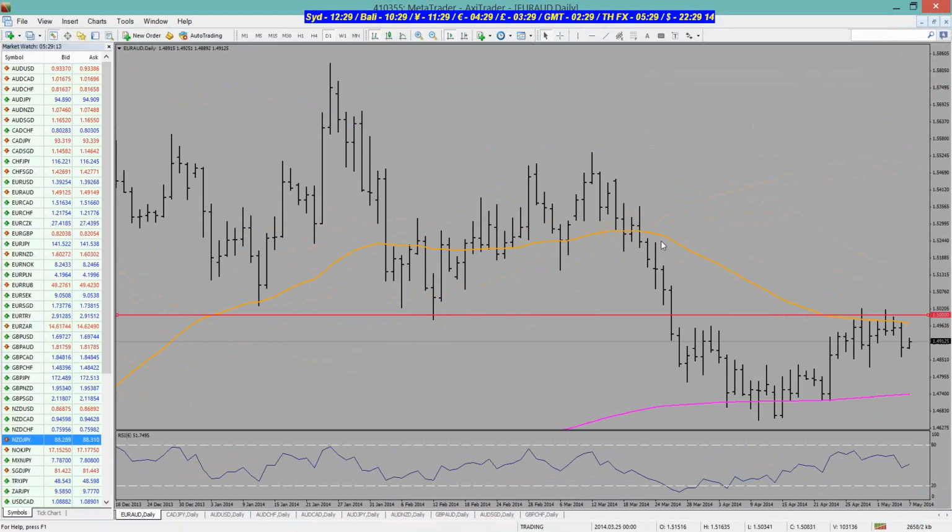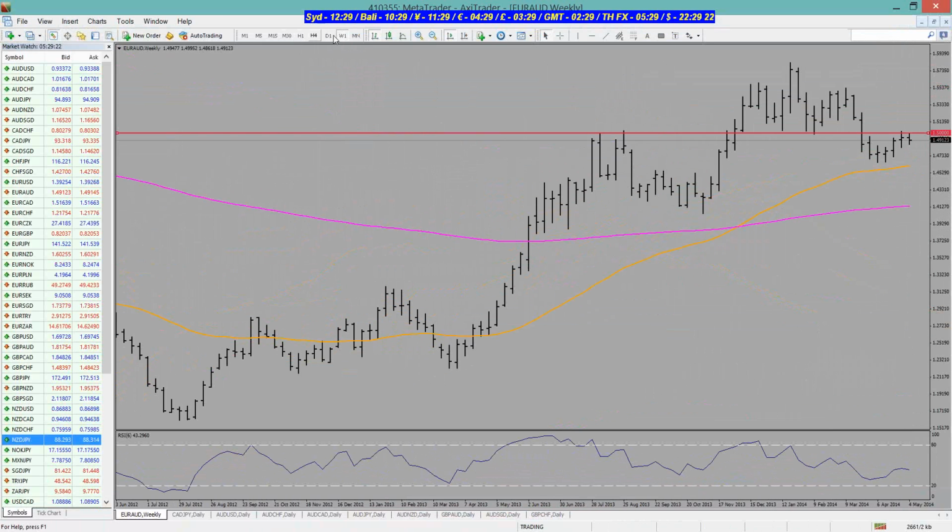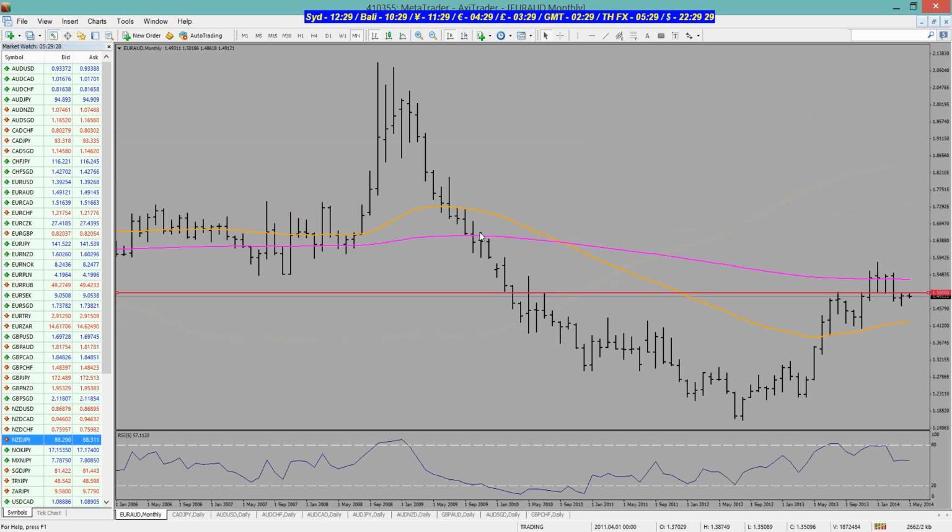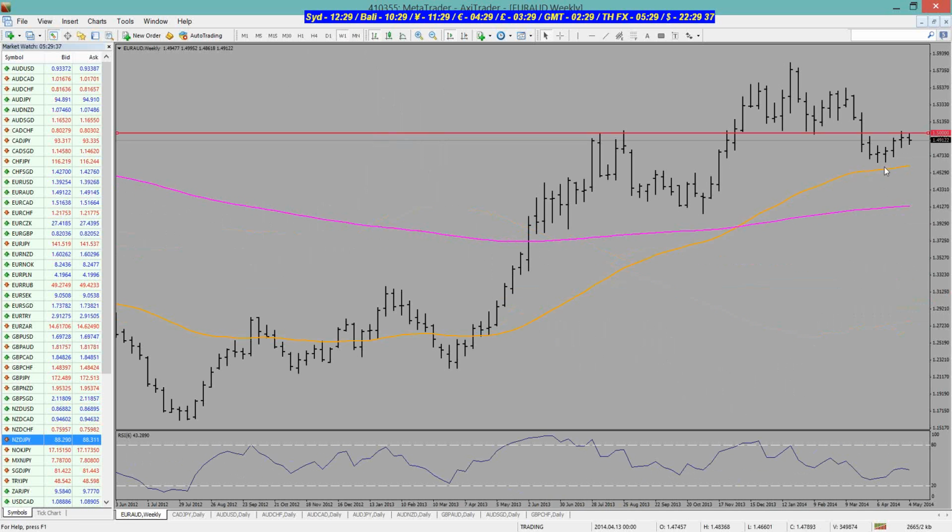So for trading on the hourly or 4 hourly, you've got to have a trend in the daily. For the daily, you've got to have a reasonable trend in the weekly. For the weekly, you must have a sort of trend in the monthly. So the monthly is looking like a downtrend. You could be looking at the weekly as a potential ring high here and take that short.